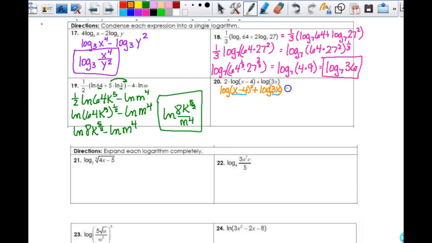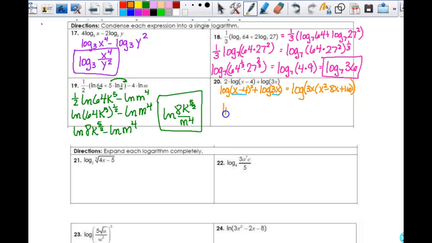When I rewrite this, I'm going to put this 3x first. And then I'm going to go ahead and square this out. So this gives me x squared minus 8x plus 16. I've multiplied those two things together, and I just went ahead and multiplied that out.